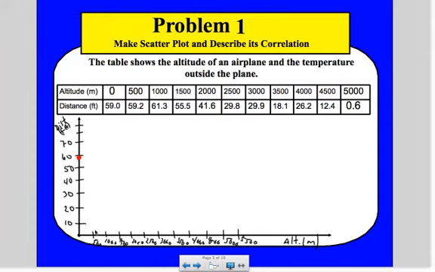So we go up to 500 meters and we're at 59.2. So it's a little bit higher. It's going to be hard to represent such a small change. 1,000 is going to be up at 61.